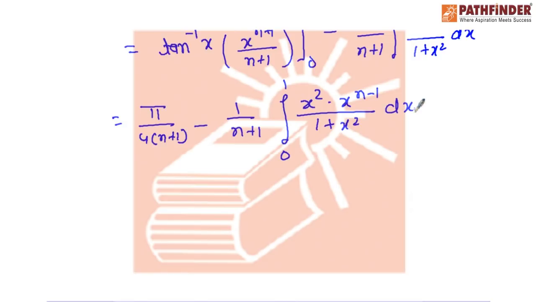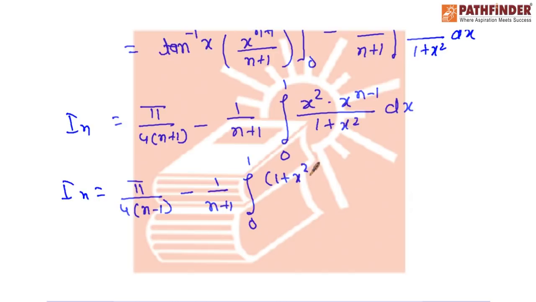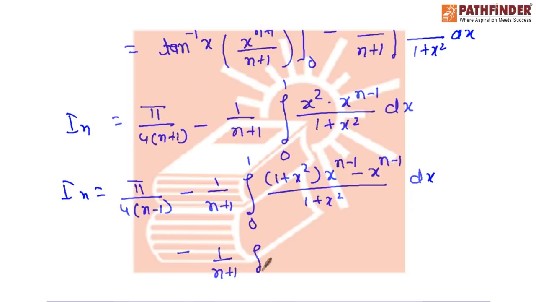Now again using integration by parts, we will get pi by 4(n plus 1) minus 1 by (n plus 1) integral 0 to 1 of (1 plus x square) x to the power (n minus 1) minus x to the power (n minus 1) by (1 plus x square) dx, minus 1 by (n plus 1) and so on.